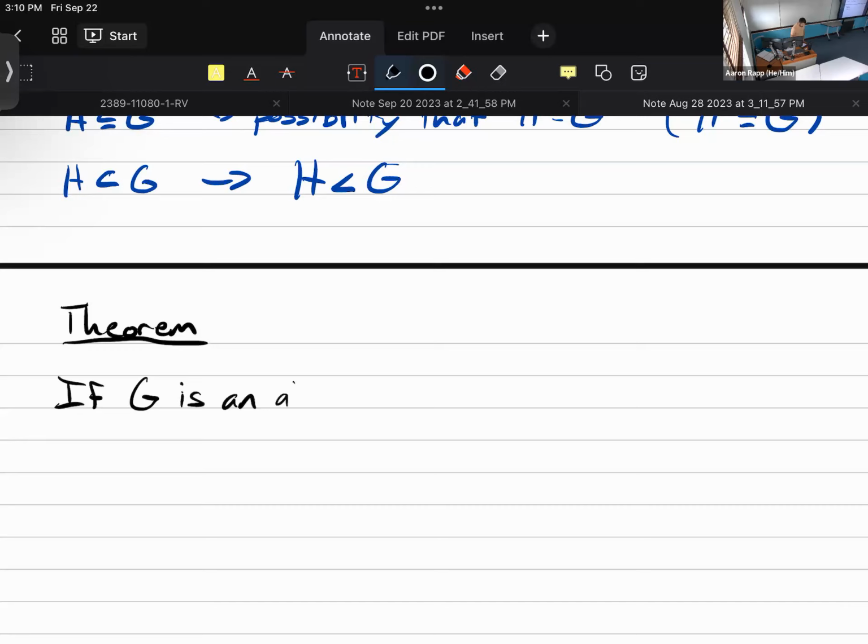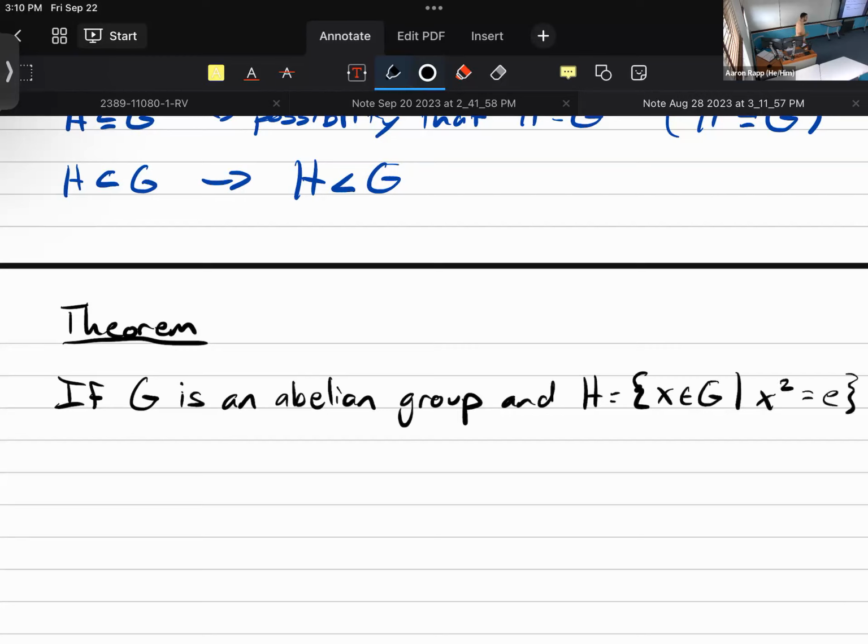If G is an abelian group, and we define the set H to be all elements in G such that when I operate it with itself, it becomes the identity element, or you can also say it's its own inverse, then H is a subgroup of G.